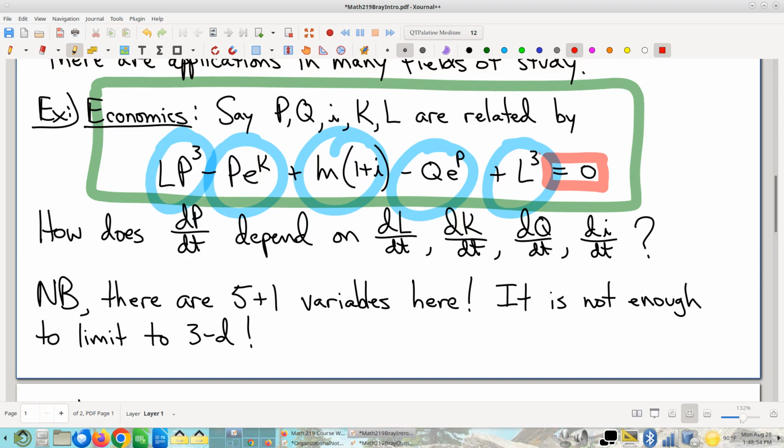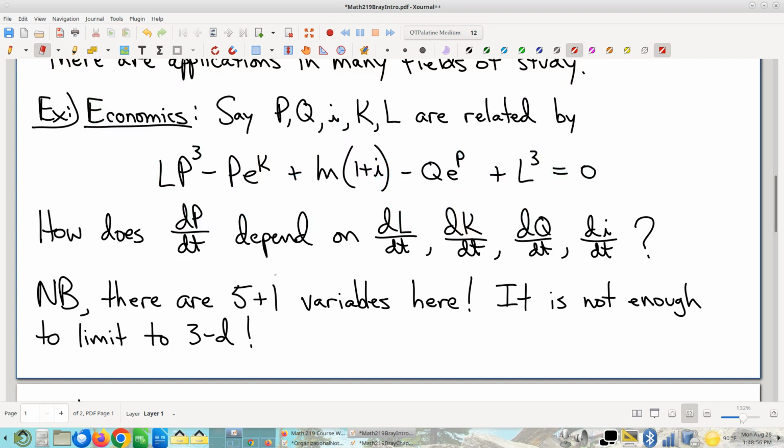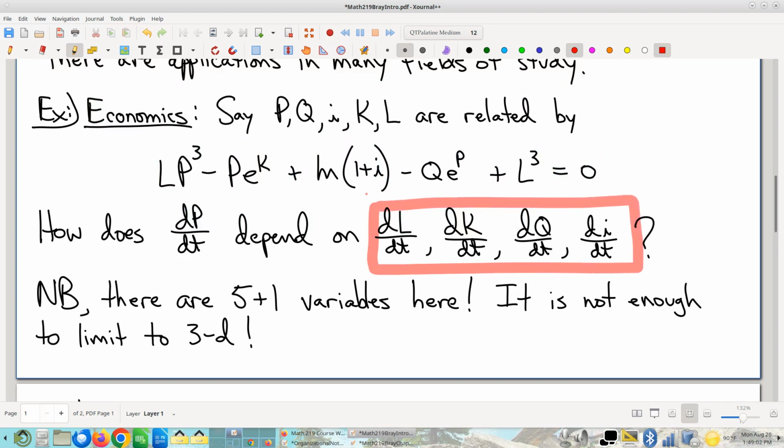Okay, well, again, pretty realistic real-world scenario. Let's suppose I know how some of these variables are changing. And now let's think this through for a second. If L is changing, that value is changing, this term is changing, oh, wait a minute, but the total has to stay at zero. And then maybe some of these other variables are also changing.